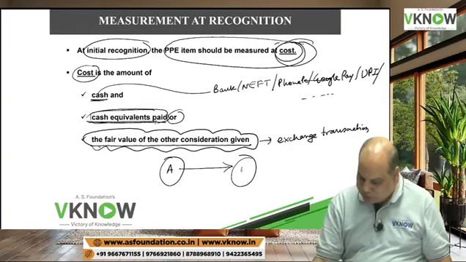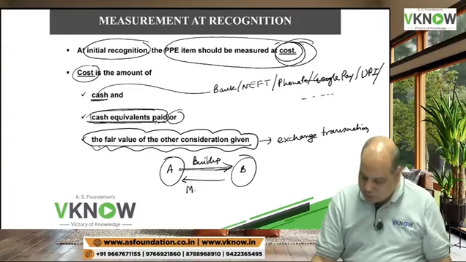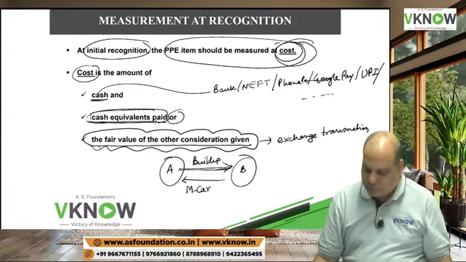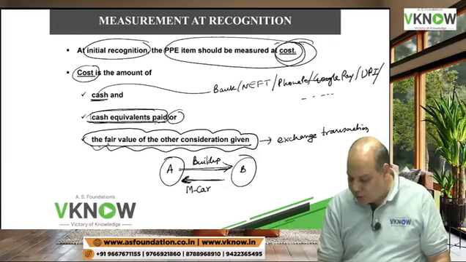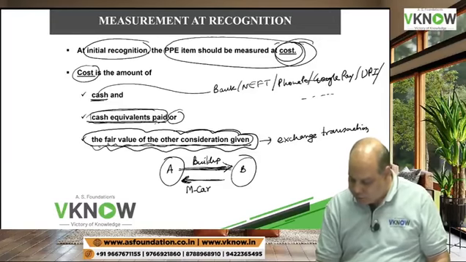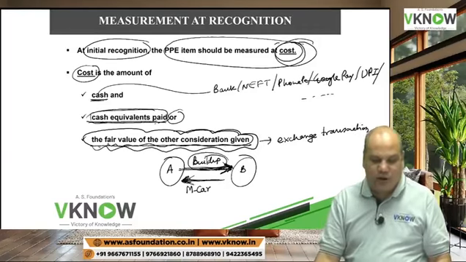This is Mr. A, this is Mr. B. Mr. A tells Mr. B, you take my building and you give me your Mercedes car. The car will be valued at the fair value of the other consideration given. So the fair value of the building given will become the cost of the car.